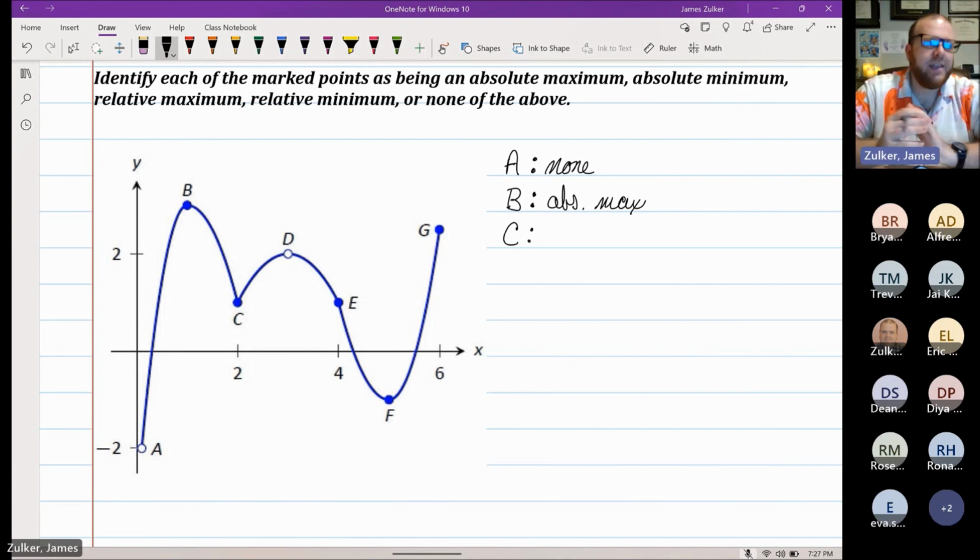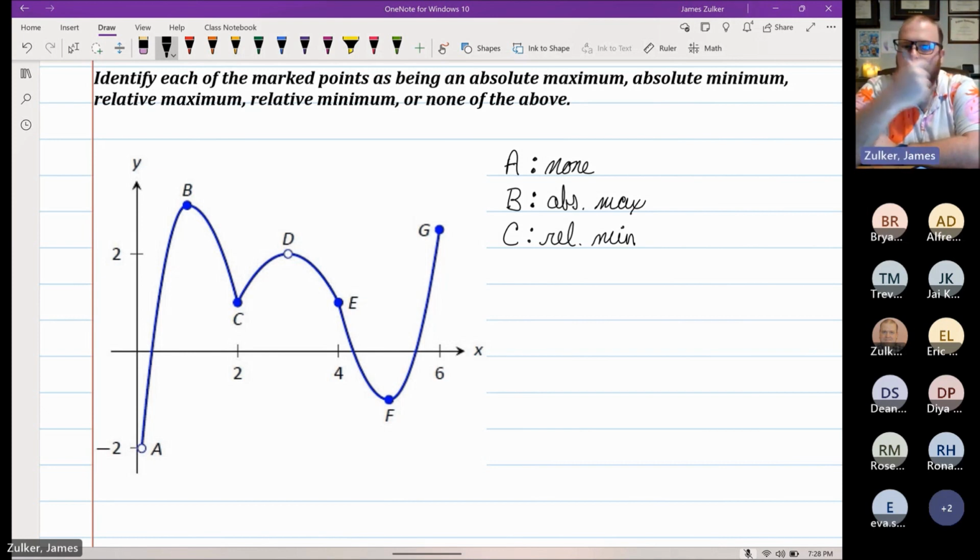Now look at the point C. This is a relative min.